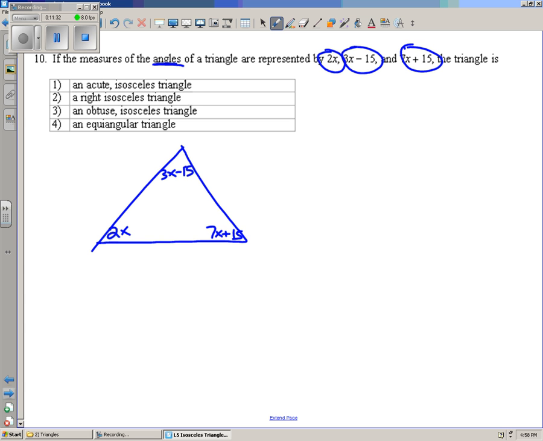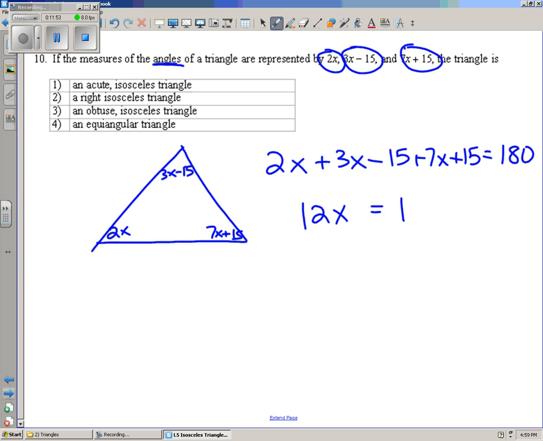These are angles, not sides, so we know that all the angles in a triangle add up to 180 degrees. If these were sides, we would not be able to do this. So we combine our like terms, we would get 12x, and negative 15 and the positive 15 cancel each other, so we get 12x is 180.